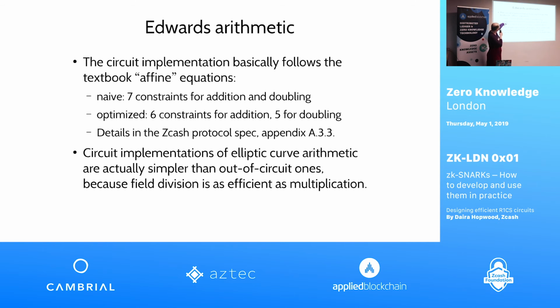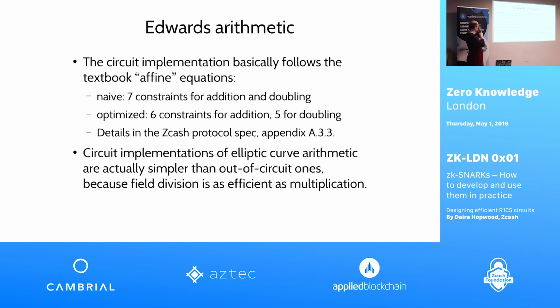And because this is going to be the bottleneck, it's going to be the determinant of the overall efficiency of your circuit if you're mostly using elliptic curve operations. The difference between 7 constraints and 6 or 5 constraints is, well, this is 14% and this is 28%. So these kind of shaving off a constraint here or there can actually be quite significant.